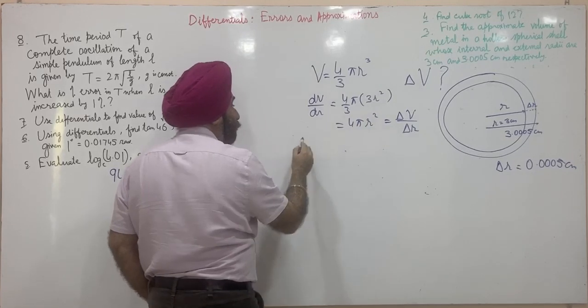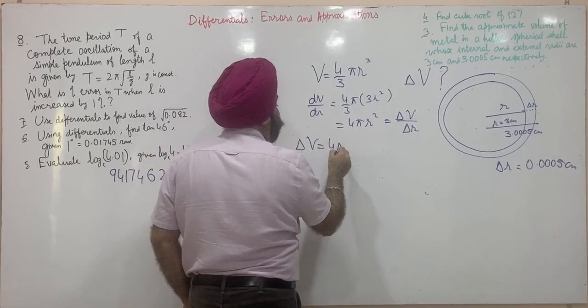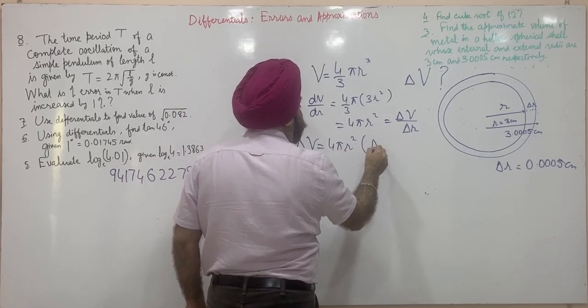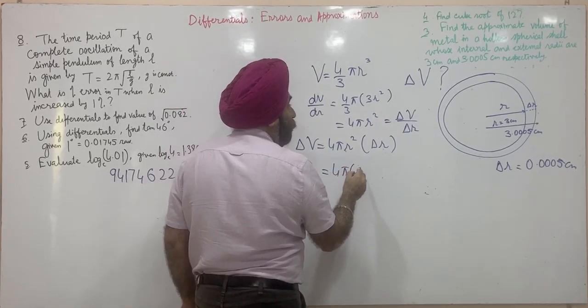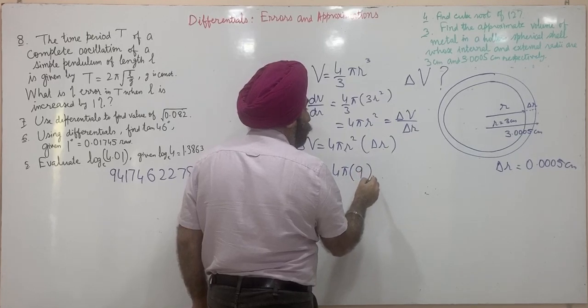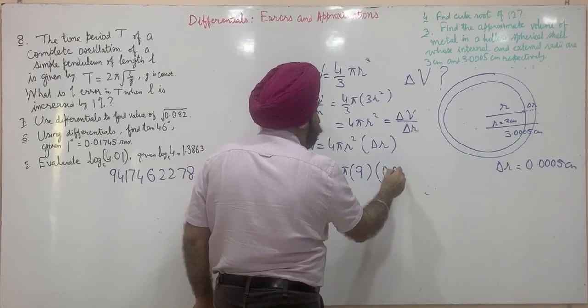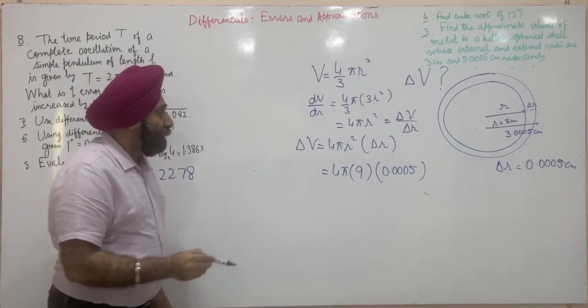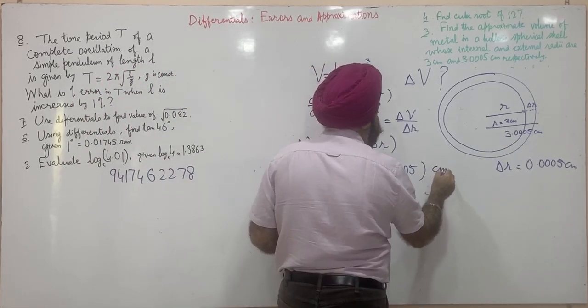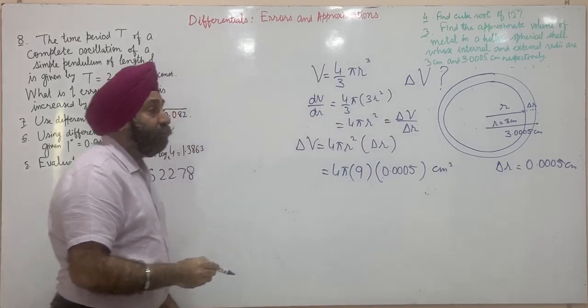So delta v is 4 pi r square into delta r. This is 4 pi, r is 3, r square is 9, and delta r is this. This is the answer. We must write units. This is in centimeter cube.